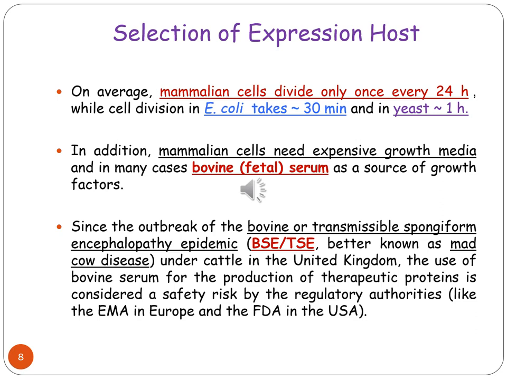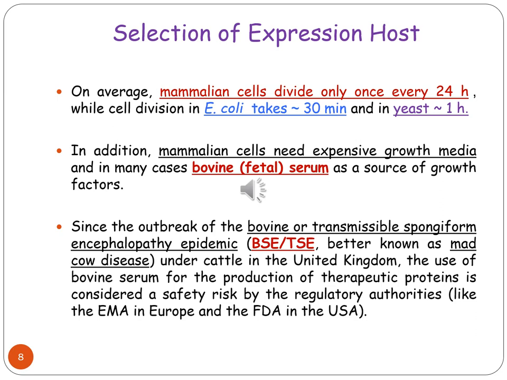And the worst case scenario, it may contain prions. Prions, if you remember, are infectious proteins and they can cause mad cow disease. Mad cow disease, here they said it has another name, bovine or transmissible spongiform encephalopathy, BSE or TSE. So we have to be careful if we want to use a serum. We need to know from where to buy it and how to deal with it.